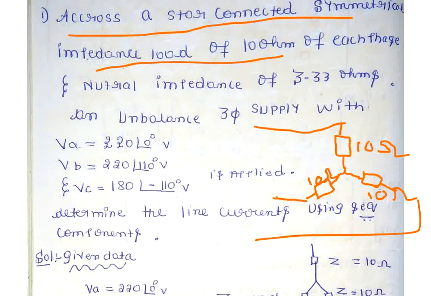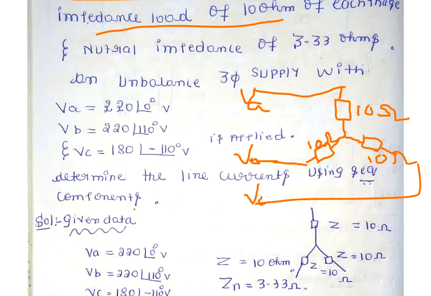Here they have given VA, VB and VC, my phase voltages. VA is 220 at an angle 0, VB is 220 at an angle 110 degrees, and VC is 180 at an angle minus 110. What we need to do is determine the line currents using sequence components.